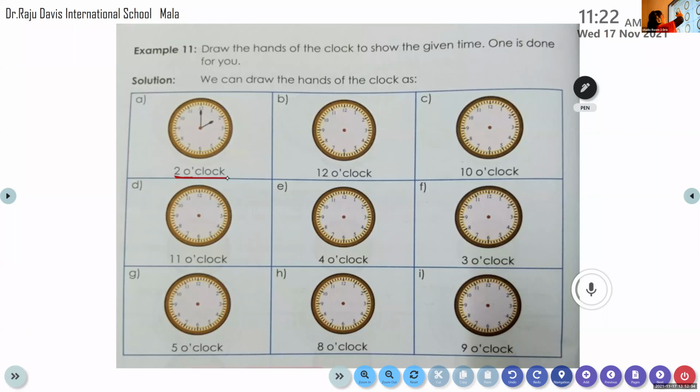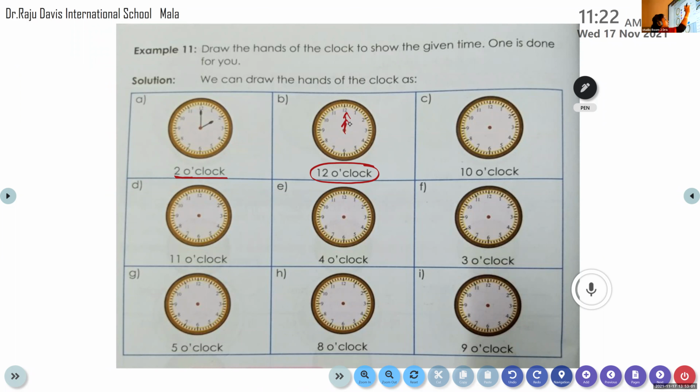Look at the next question, question number B. What is the time? What is written? 12 o'clock. So where do we have to draw the hands? Both the hands you can draw facing on which number? 12.